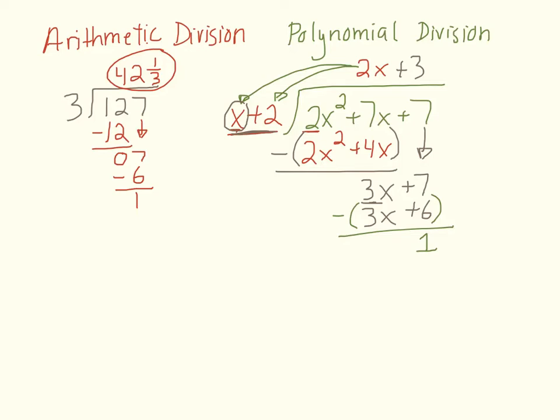We write that the same way as in arithmetic division. So we say plus the 1, and we divide that by our x plus 2, which is our divisor. And this is our answer. So that's how we do polynomial division, and it's very similar to arithmetic division.